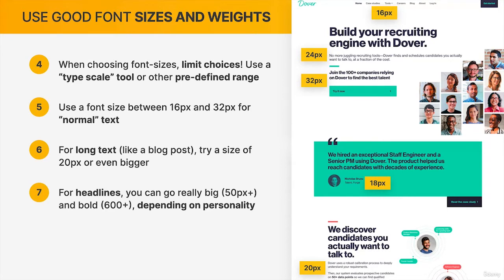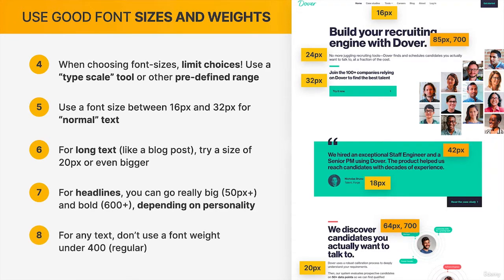So the headline of this design has a font size of 85 pixels, and it is also really bold with a boldness of 700. Also, this other, a bit smaller headline down here has 64 pixels of size and is still really bold at 700. Oh, and then we also have 42 pixels here in this testimonial text.